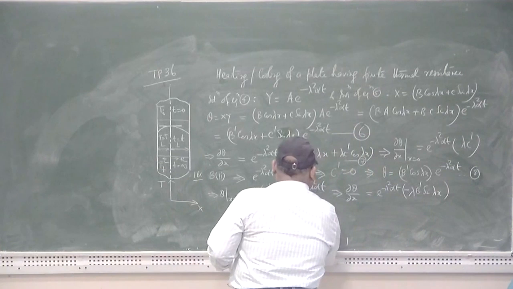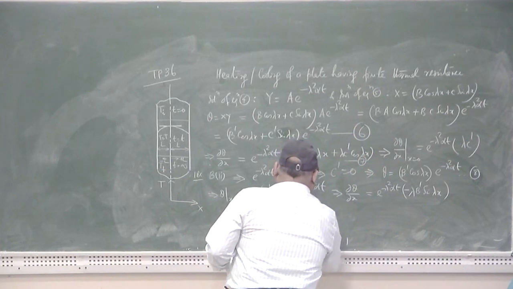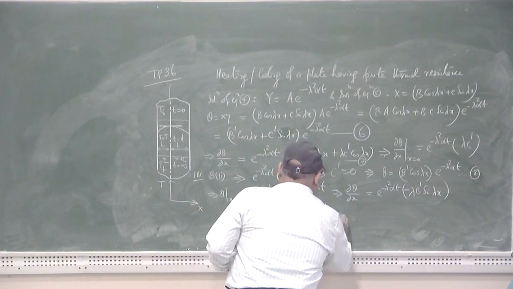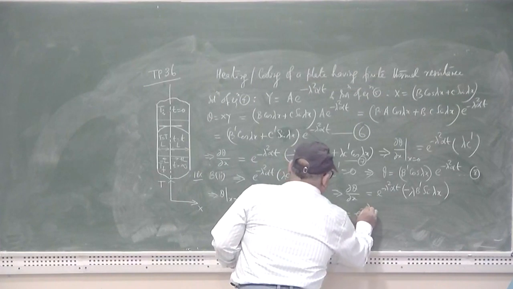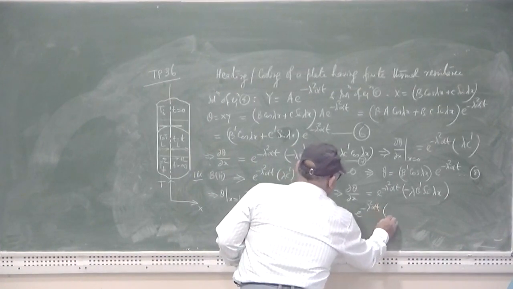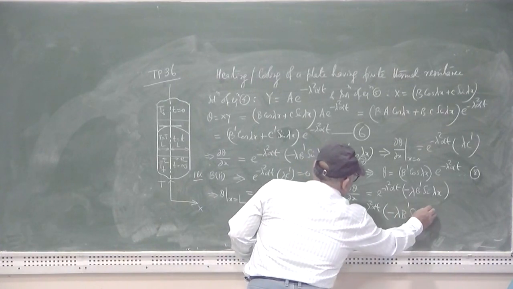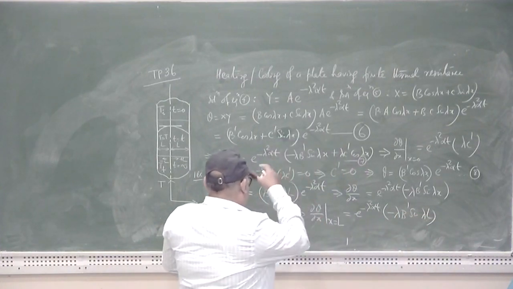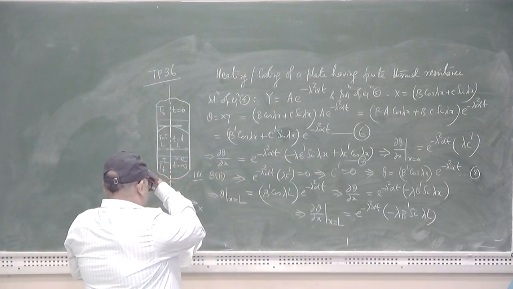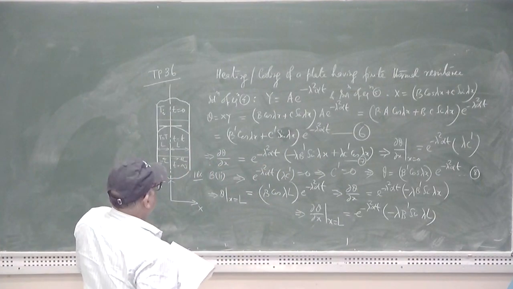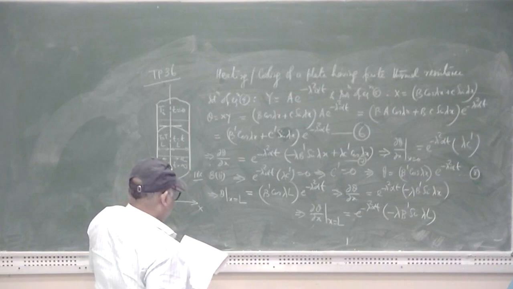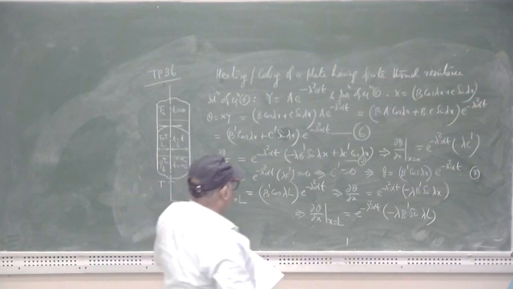So the value of ∂θ/∂x at x equal to L is e to the power minus lambda square alpha t into minus lambda b dash sin lambda L. Let it be equation number 9.